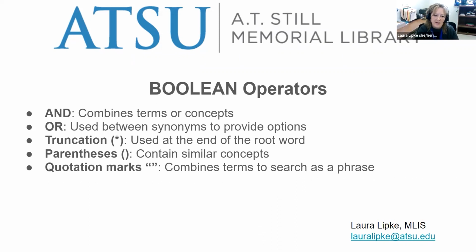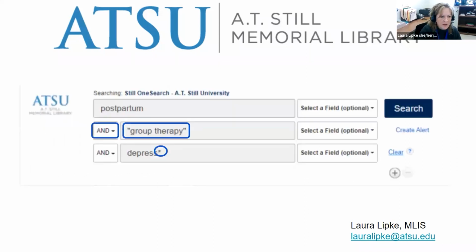Truncation is used at the end of a root word. For example, I would use that at the end of depress. And let me show you how that looks. So by putting the truncation at the end of depress, that tells the database that I will accept any article that says depression or depressive or depressed.